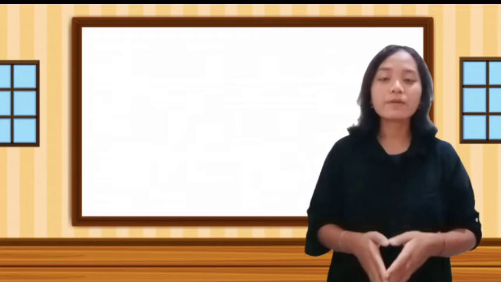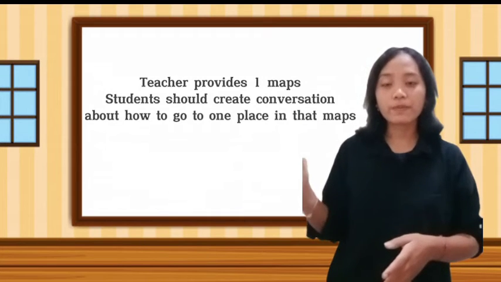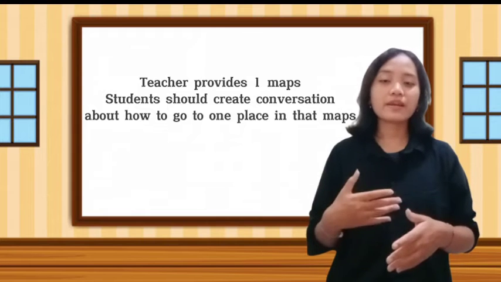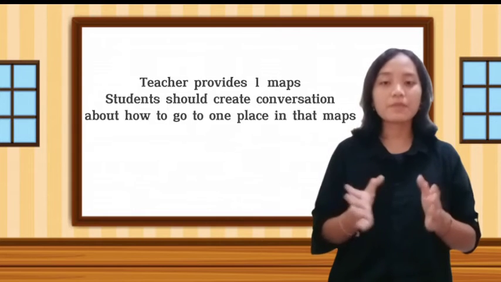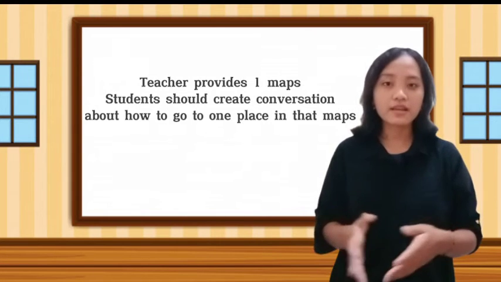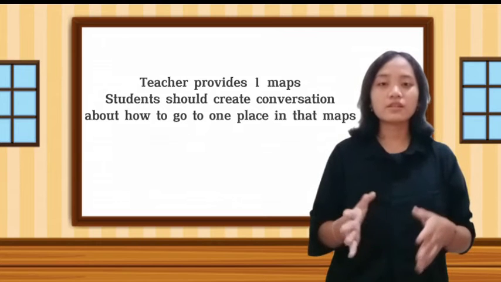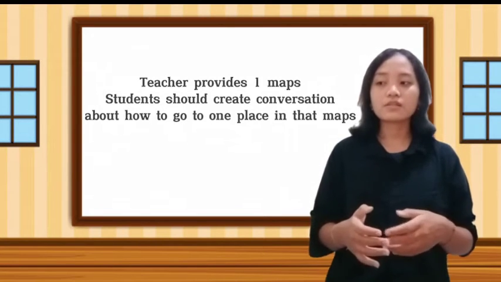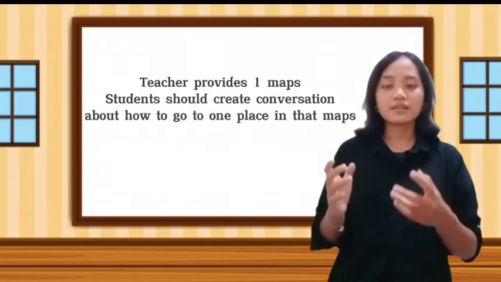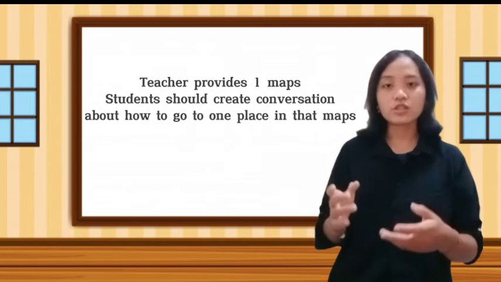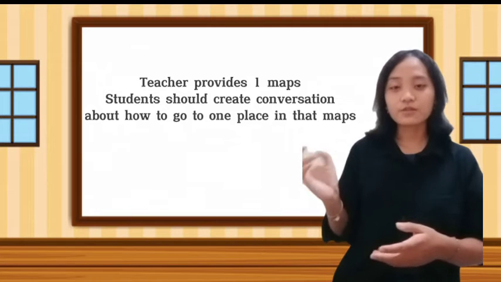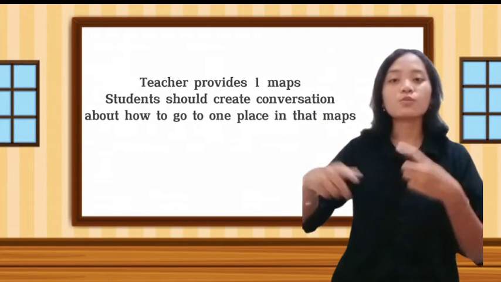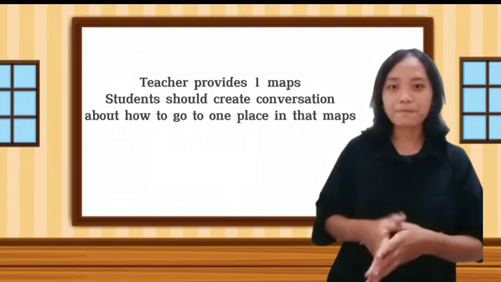In this case, the teacher will provide one map and then explain and give some instructions to the students. The instruction is that the students need to make a conversation which solves the problem: they should give a direction to others about getting to one place on that map.